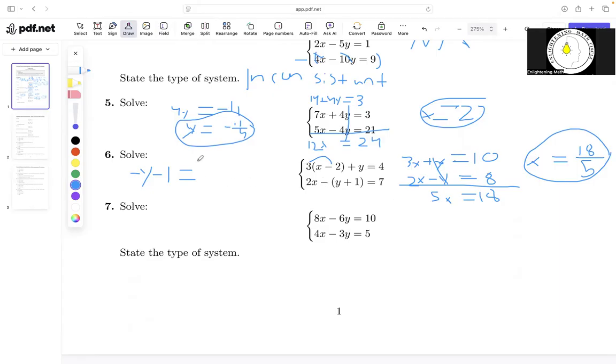And to do that, we also must convert the 7 to have a denominator of 5. So we can multiply 7 by 5 over 5. So that 7 becomes 35 over 5. And then let's do minus 36 over 5.